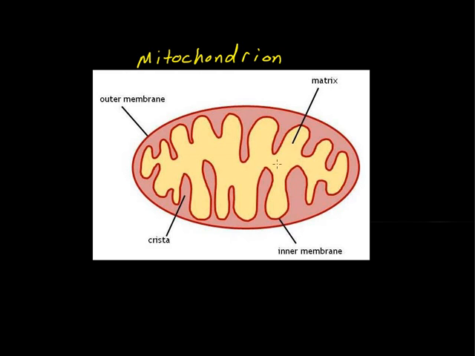The innermost area is referred to as the matrix, and the space outside of the inner membrane, between the membranes here, is referred to as the intermembrane space, although that's not labeled here. Let me go ahead and label that. The intermembrane space.